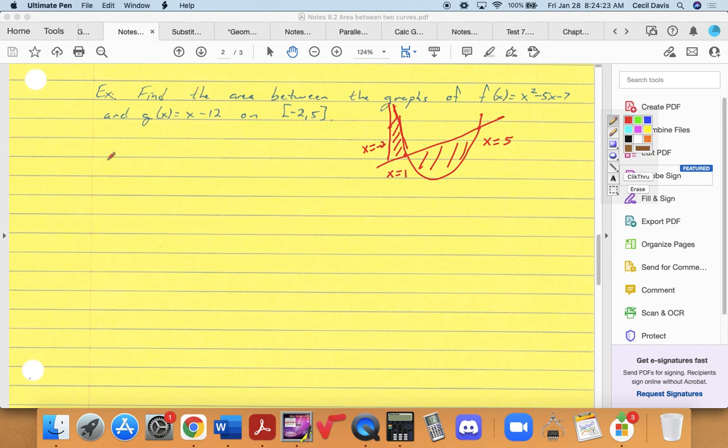So the area is going to be the integral, let's go ahead and set it up, from negative 2 to 1 of the parabola minus the line: x squared minus 5x minus 7 minus x minus 12 dx, plus the integral from 1 to 5 of the line minus the parabola.